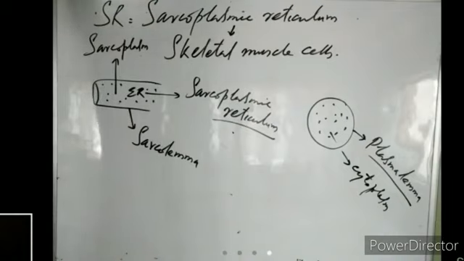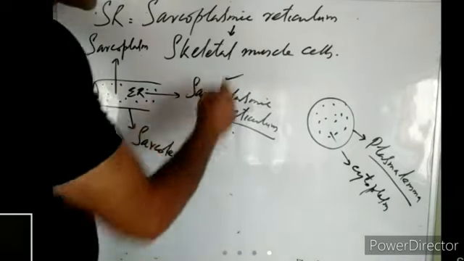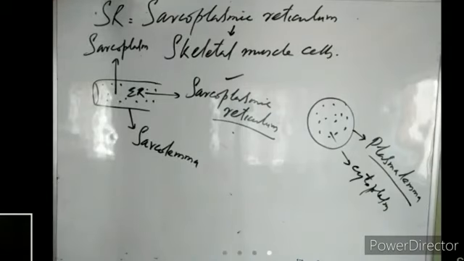Since in the muscle cells the terminology is different, we call plasma lemma as sarcolemma, cytoplasm as sarcoplasm, and similarly endoplasmic reticulum as sarcoplasmic reticulum. Although it is different from the rough endoplasmic reticulum and smooth endoplasmic reticulum of common cells.